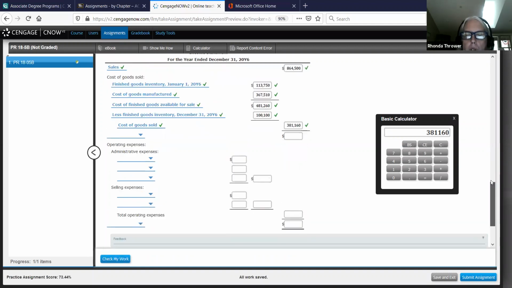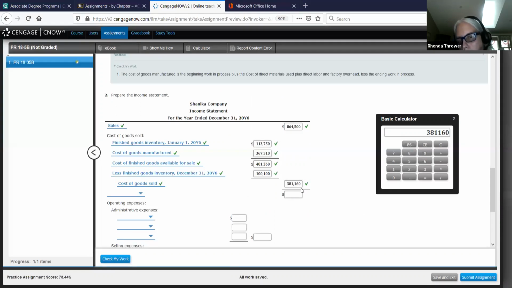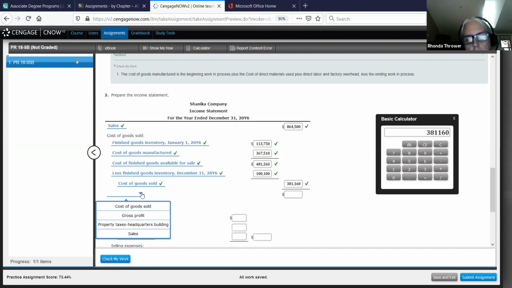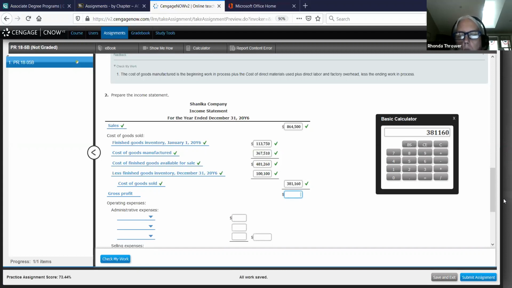Once you've determined your cost of goods sold, you would subtract that from your sales to get your gross profit. Your gross profit is the profit that's available before we deduct out our operating expenses.